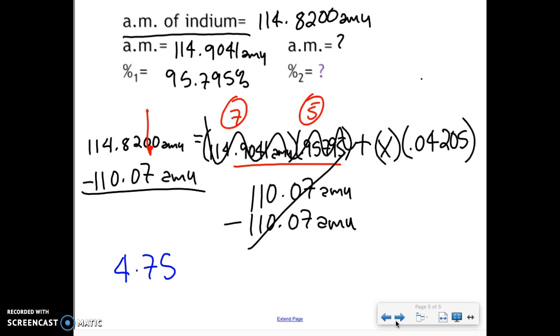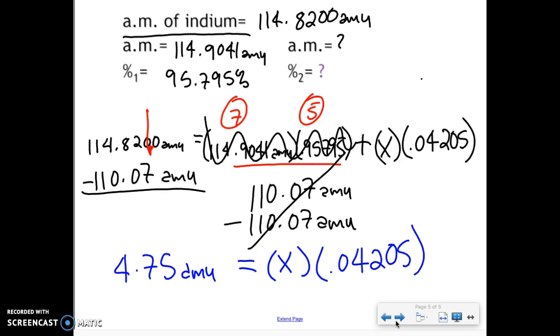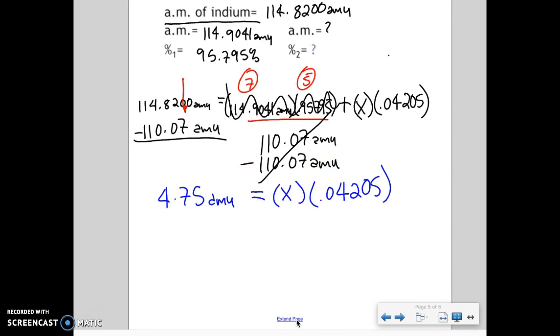So 4.75 AMUs, and then from the other side of the equation, I have equals X times 0.04205. Well, you guys, this isn't rocket science, but it is chemistry, which leads to rocket science, but it shouldn't be that difficult for us to solve for X.